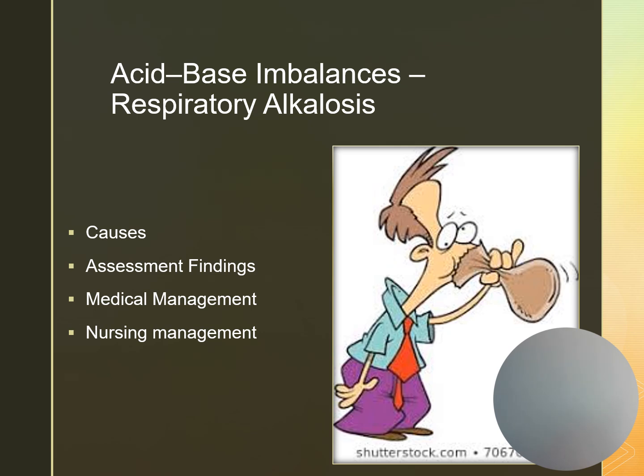So we have them breathe into a brown paper bag. That allows the body to breathe in higher levels of carbon dioxide. It may even require sedation to help slow the respirations down. So nursing-wise, we have to report our assessment findings and keep track of those lab values.